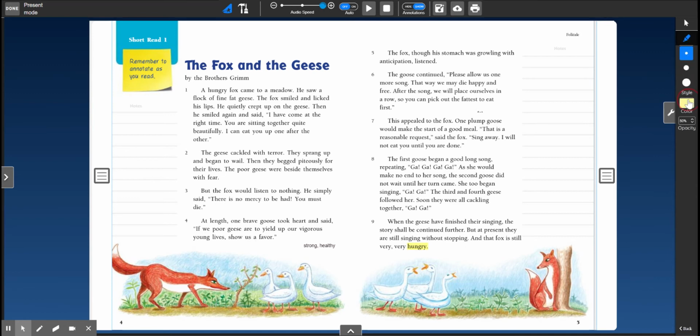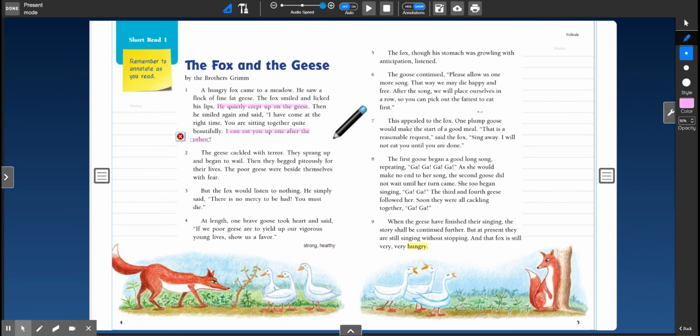All right, so go ahead and grab your first color highlighter. I'm going to use like a pinkish color today. And we are going to highlight the parts in the story that tell us the problem. There's a few different spots. So first we know that the fox corners the geese, right? And he plans on eating them. So he quietly crept up on the geese and says, I can eat you one after the other.